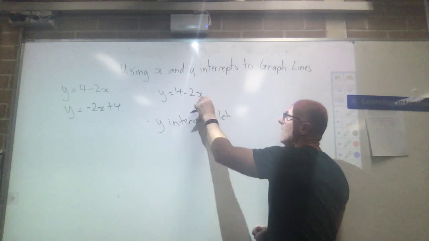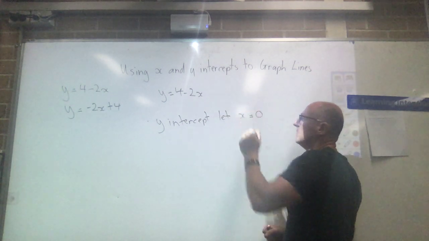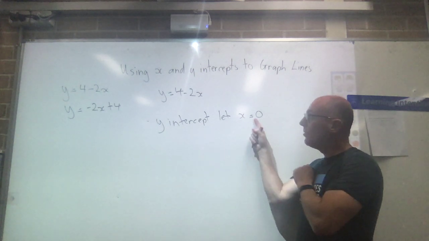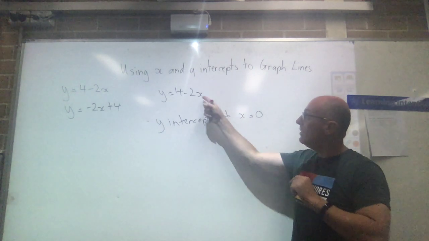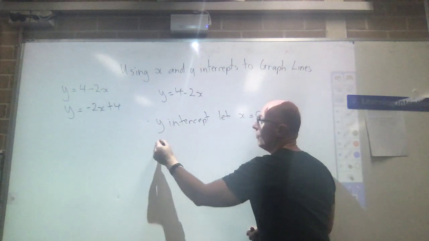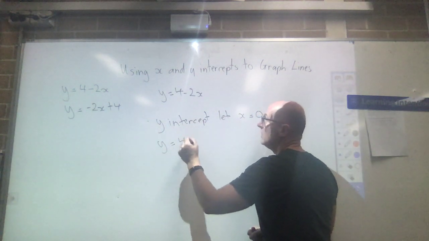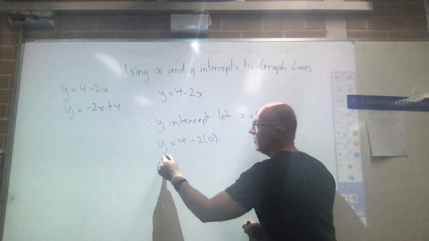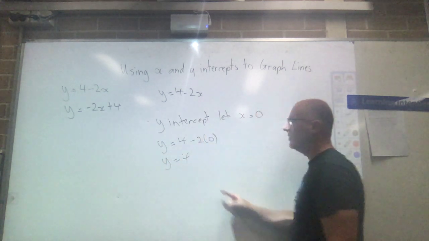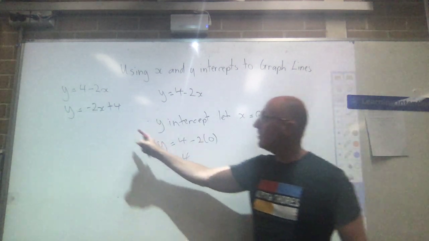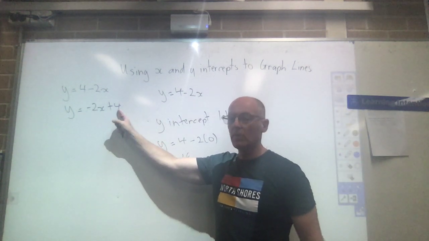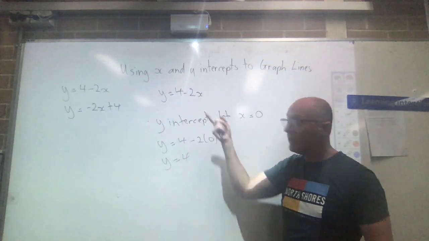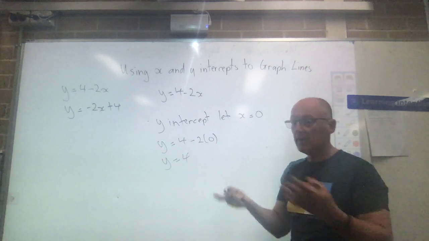Let x equal 0. If we want to find where it goes through the y-axis, x will always be 0. So we put 0 into this equation: y equals 4 minus 2 lots of 0. If you follow that along, you get y equals 4. But we already knew that the y-intercept was 4, so we didn't necessarily have to do anything. We still don't know what the x-intercept is unless we draw it.